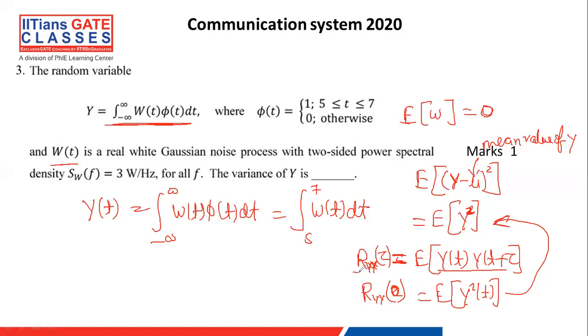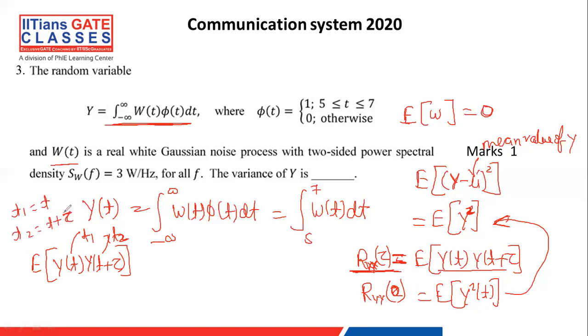So first let's calculate R_yy(tau) and then put tau equal to 0. So the expected value of y(t) y(t plus tau). Let's assume that this t is t1 and this t plus tau is t2, so the difference between t1 and t2 is tau.